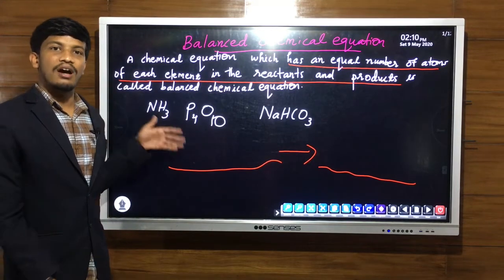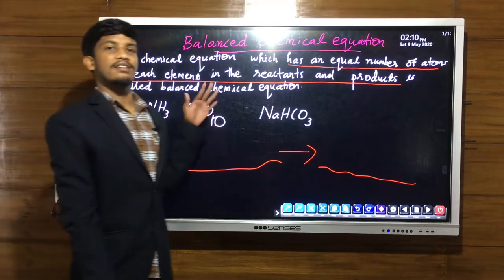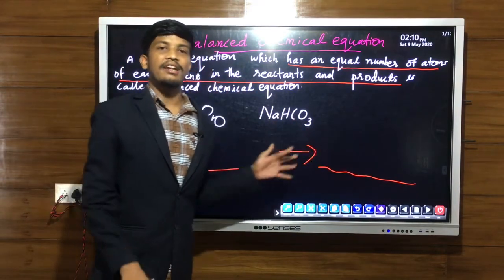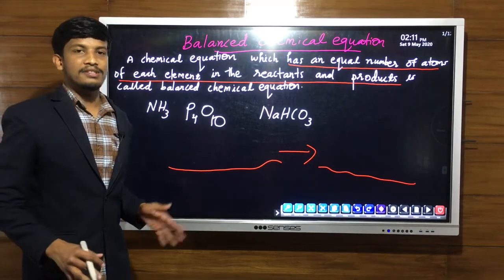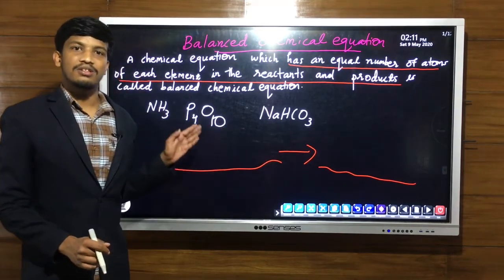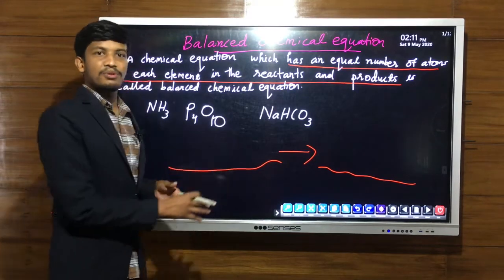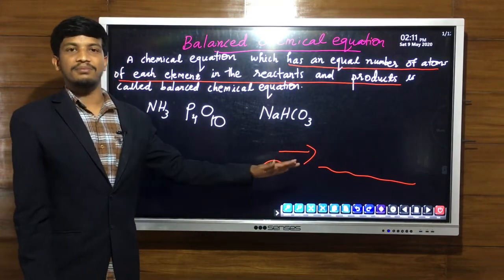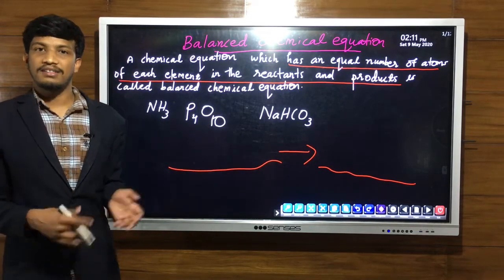So we have to count the number of atoms of each element on the reactant as well as the product side, and if we get an equal number of atoms of all the elements on both sides, then that equation is called balanced chemical equation.